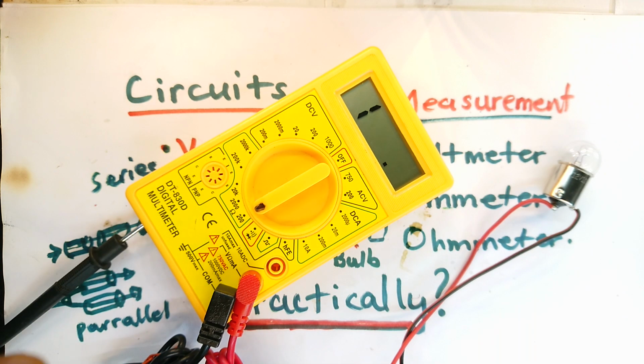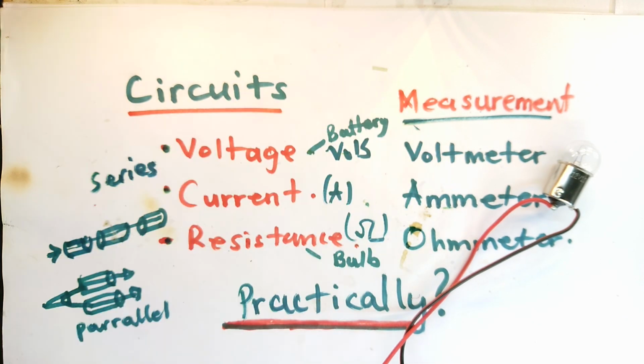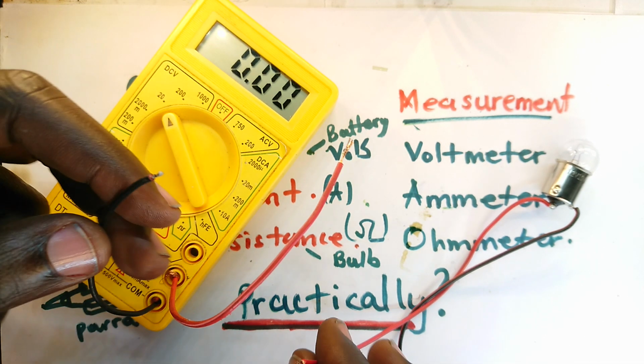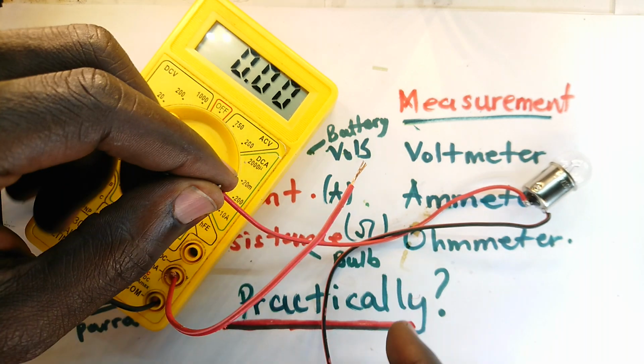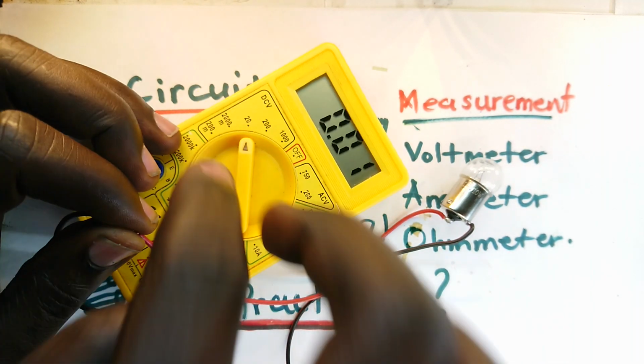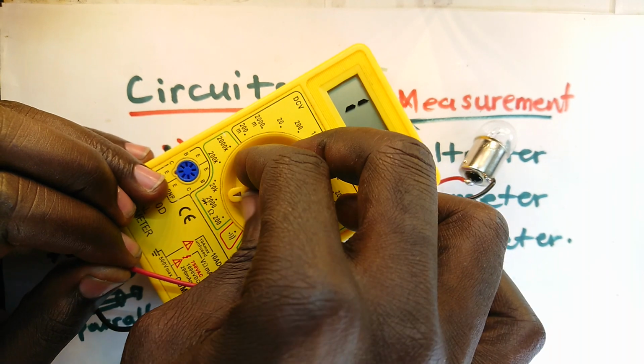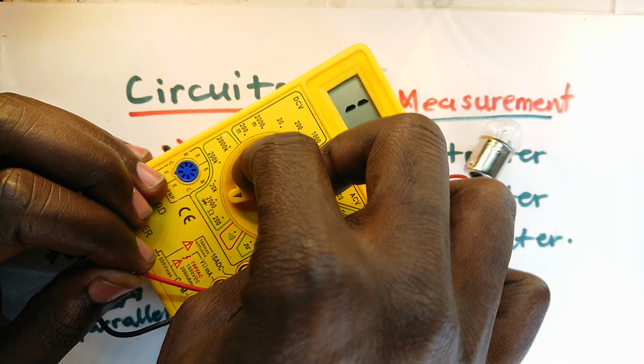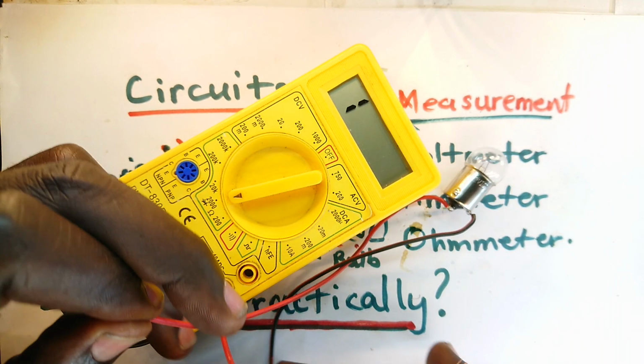I'm starting to doubt my multimeter a little. Let me cross check with another one. Okay, so I want to measure that resistance. Oh, I need to first change it to resistance mode. So yeah, it told me it's roughly in the range of the thousands.